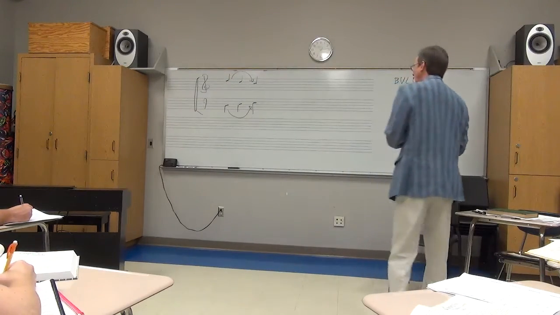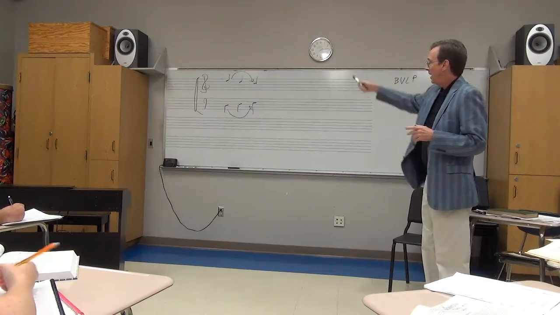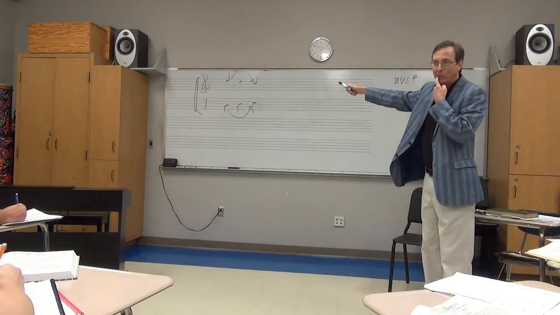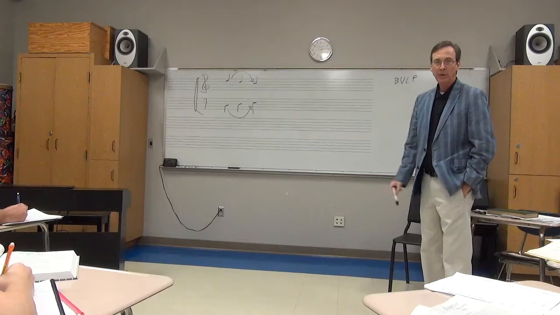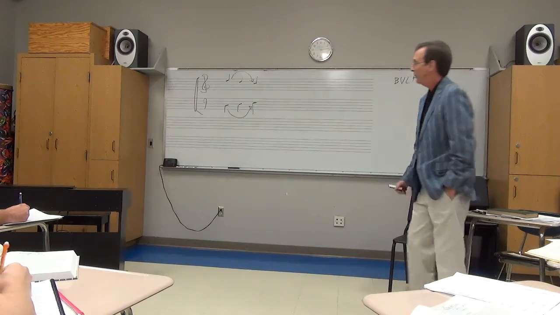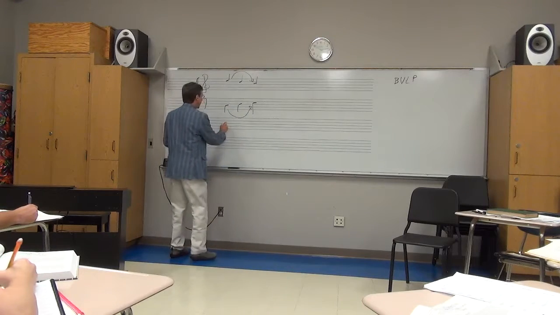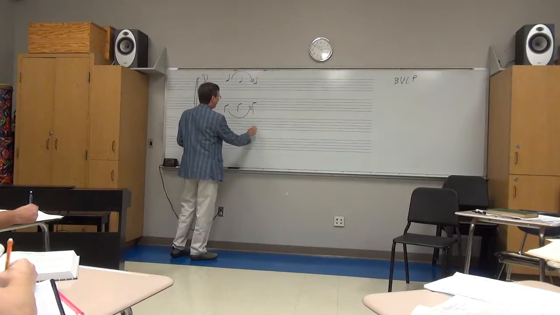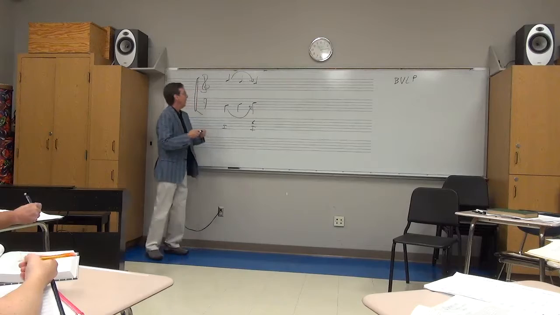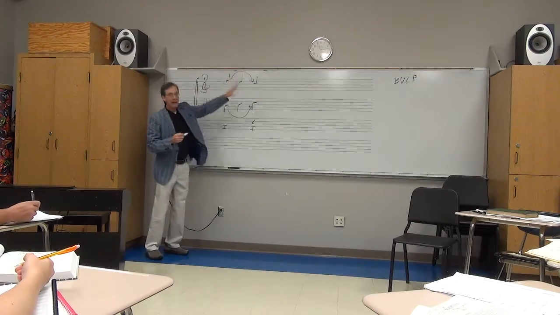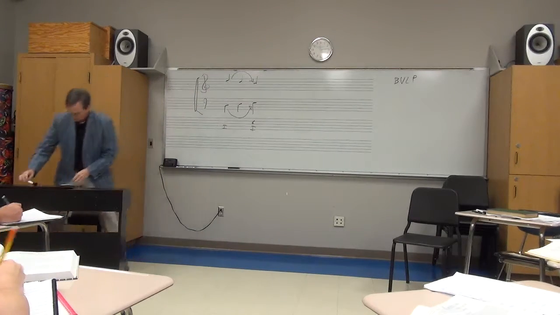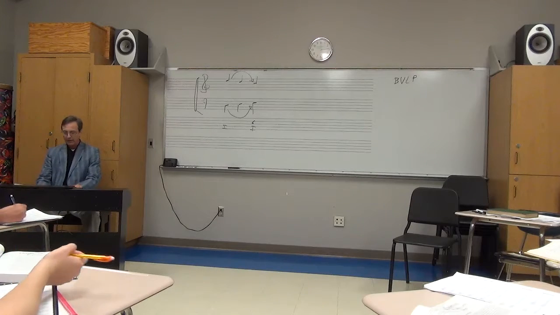So we've expanded this voice exchange by having an actual passing tone between the two. If I had 1 moving to 1/6, I could say my 1 chord contracted to the 1/6 chord.